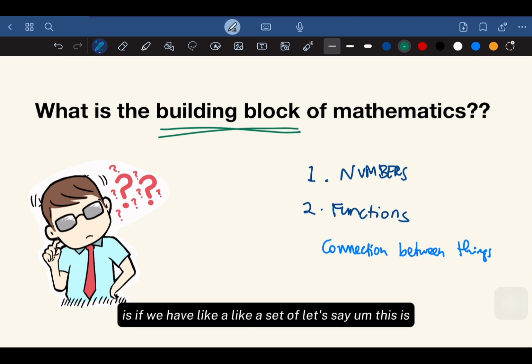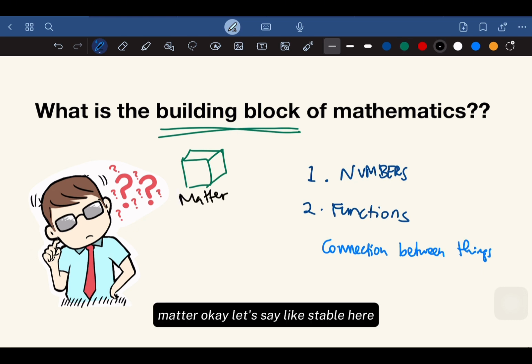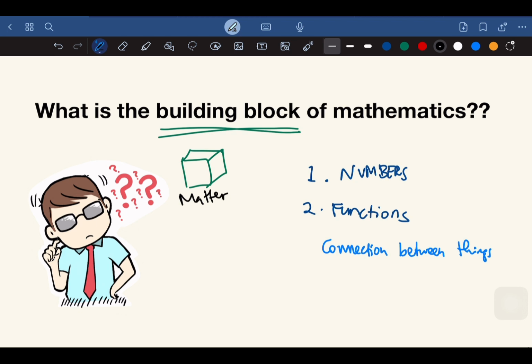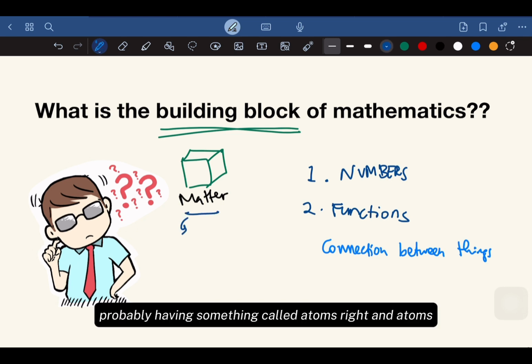is if we have a set of, let's say this is matter. Let's say like this table here. Of course, it has a building block. Perhaps in the early days of science, we knew that matter probably had something called atoms, right?